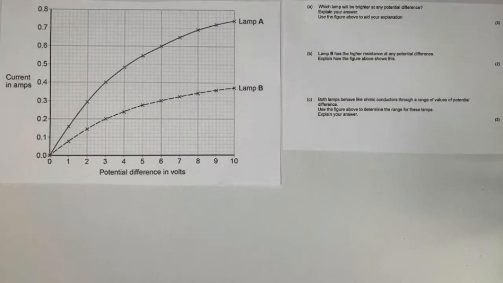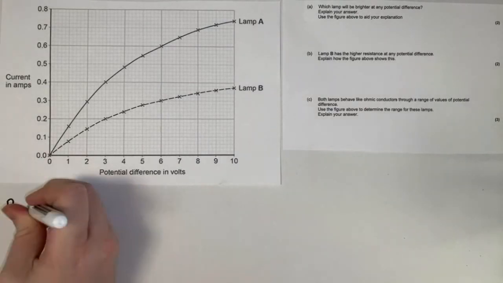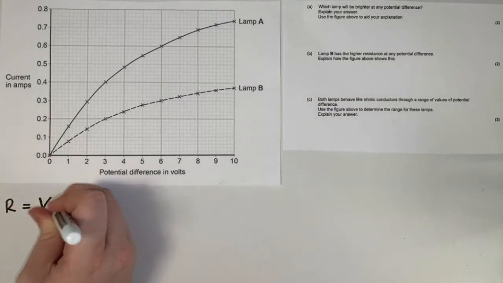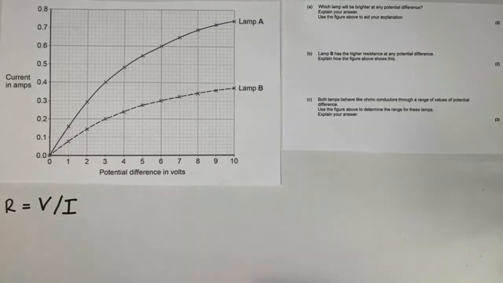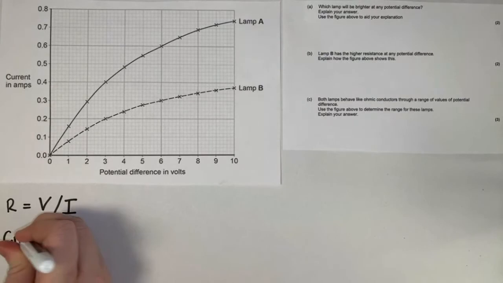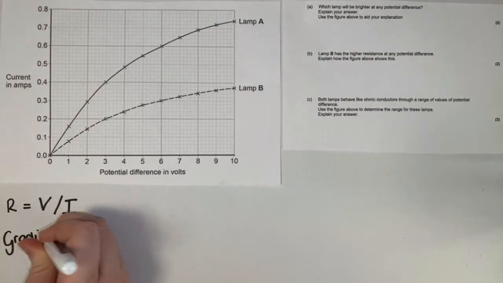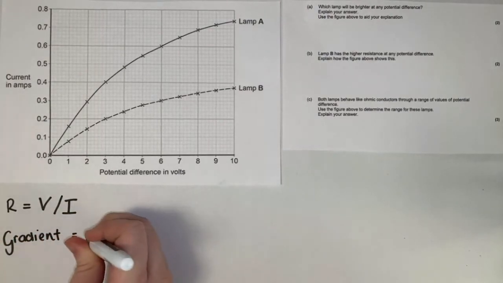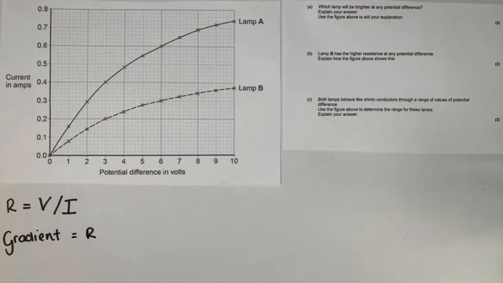Okay, so if you know potential difference and current, you can calculate resistance, because resistance is going to be equal to voltage divided by current. Okay, so we know that information, and we know the gradient of the line is equal to the resistance, or tells us about the resistance.